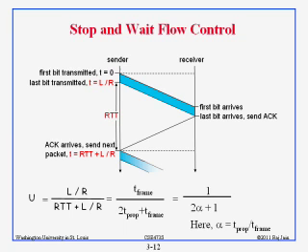This is a very important formula, because alpha, which is the ratio of prop to frame, is a very important parameter. And we will be using it quite a bit. And remember, this is always prop to frame. So prop is on the top and the frame is on the bottom. You calculate the ratio, and that alpha value will determine the efficiency of the protocol.